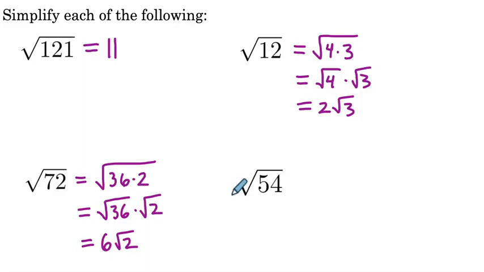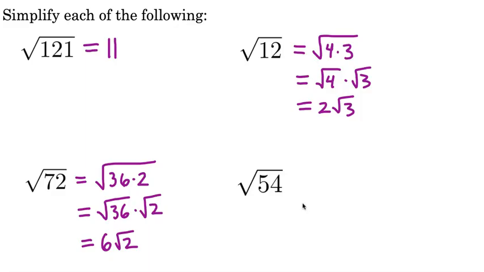Okay? Square root of 54. So let's start with the dividing by 2 method. So splitting in half, we would get 27 as the other factor. 27 is not a perfect square, but it gives us a great starting point. So we're going to work down the perfect squares from 27.